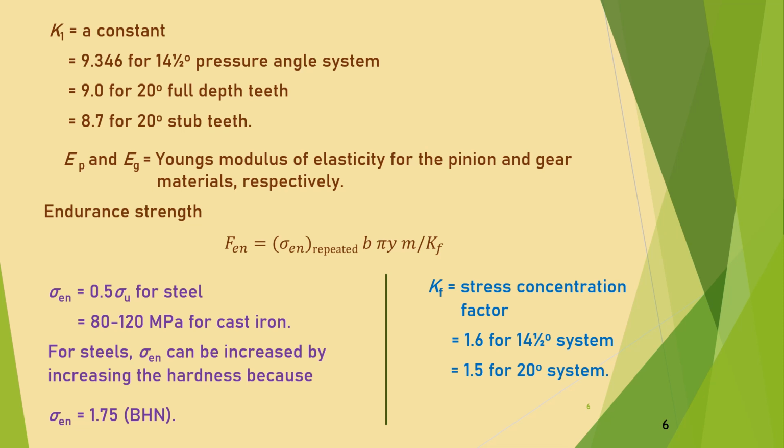For cast iron, it is 80 to 120 MPa. For steels, sigma en is related to the Brinell hardness by the relation given here, and it can be easily interpreted that the endurance strength can be increased by increasing the hardness. The stress concentration factor, which was discussed earlier, is given as 1.6 for the 14.5 degree system and 1.5 for the 20 degree system.